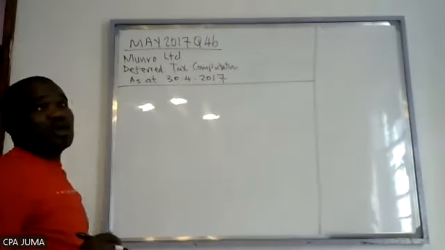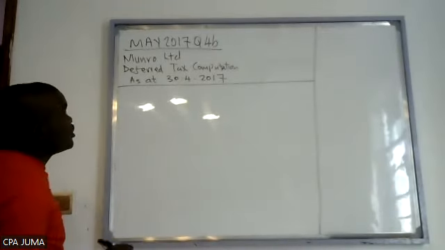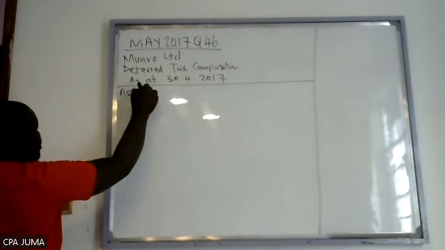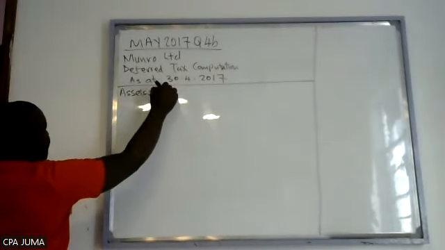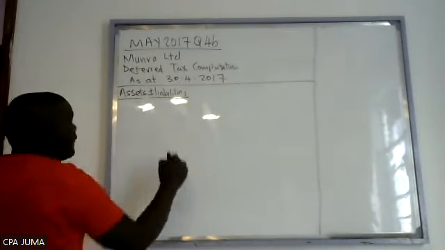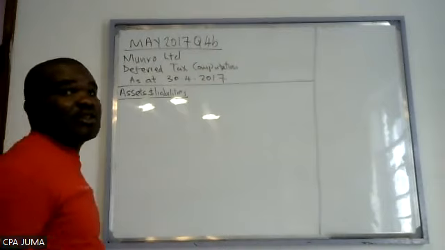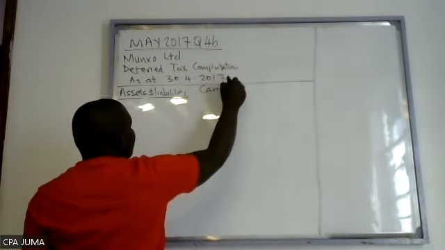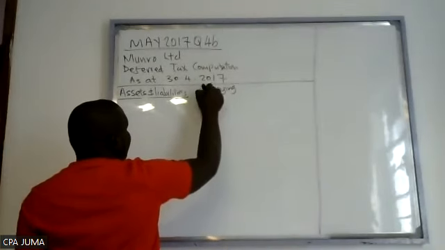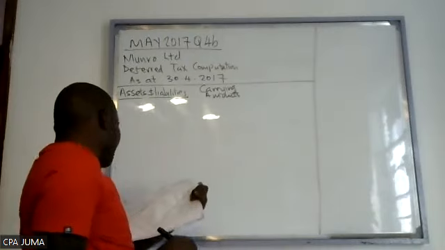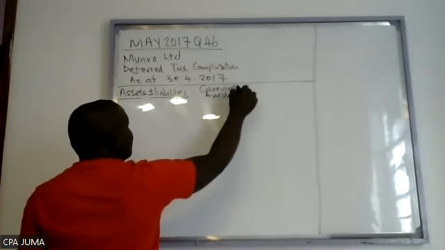So you are going to deal with the balance sheet, which is assets and liabilities. Then you will give us their carrying amounts. Of course, the carrying amounts are in thousands.